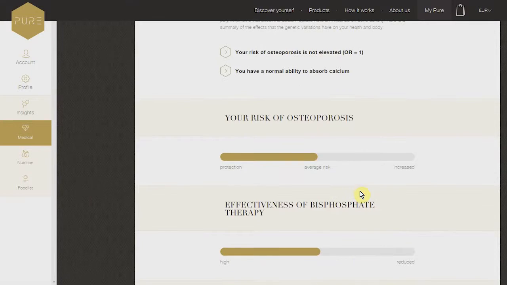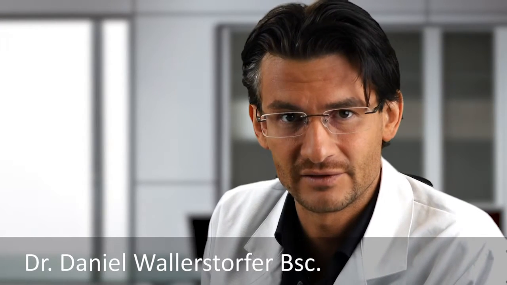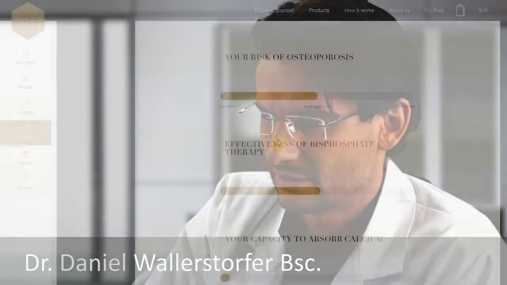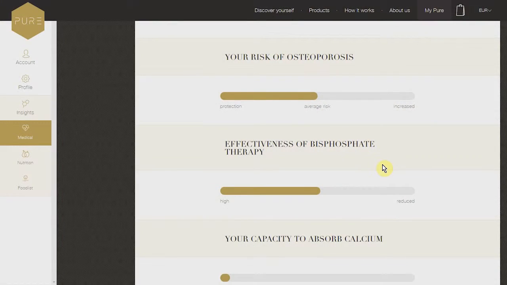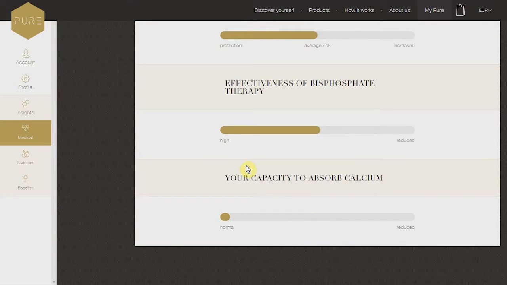Now, should you ever develop osteoporosis, there are a number of medical treatments, certain drugs, and the effectiveness of these drugs are also very strongly influenced by certain genetic variations. So bisphosphonate, which is a certain therapy that can be used, might be less effective or more effective, and also your capacity to absorb calcium might also be influenced.